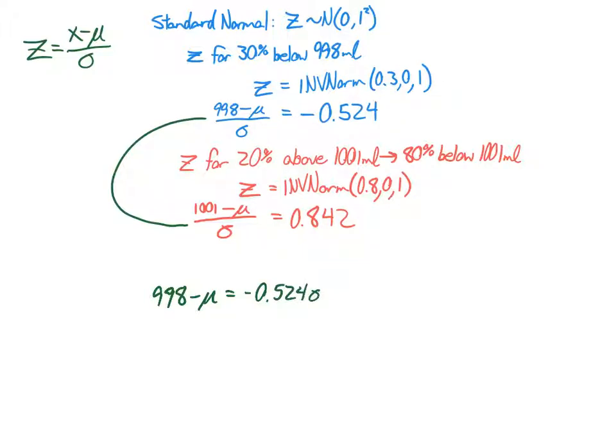And on the second equation, if I multiplied that by sigma, I'd have 1001 minus mu equals a 0.842 sigma. And then I'd probably multiply the first equation by a negative 1.